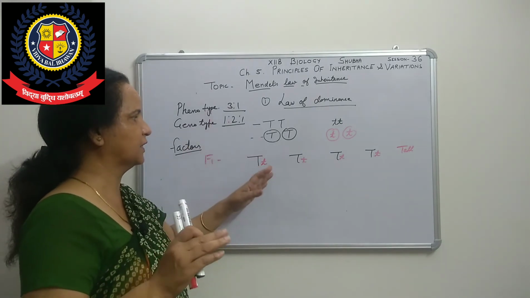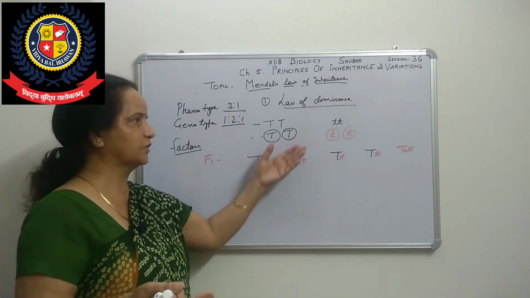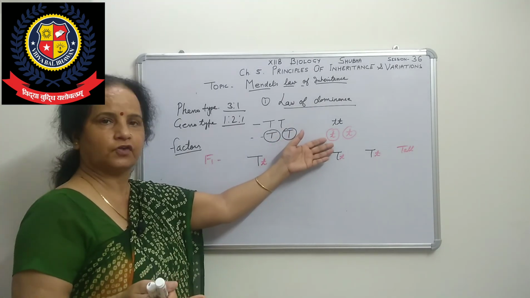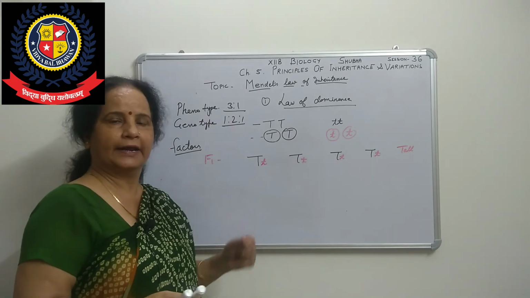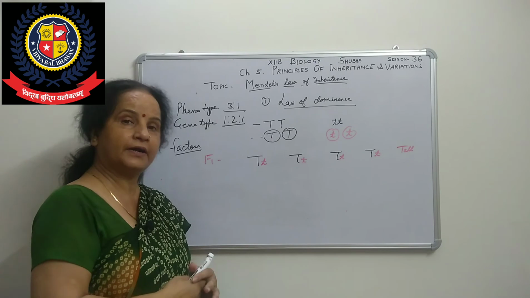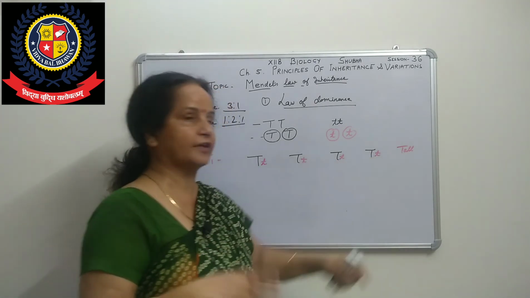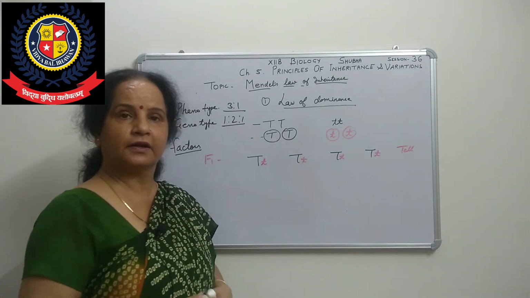It means the shortness is not there anywhere. The gene or factor for shortness is not occurring here. It means it has disappeared. But although it disappeared in the F1 generation externally in the phenotype, in the second generation it will automatically reappear.